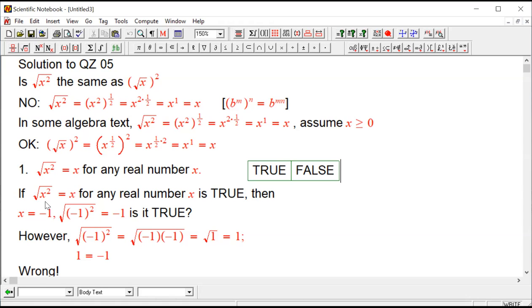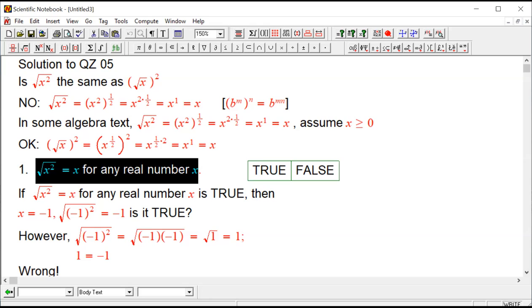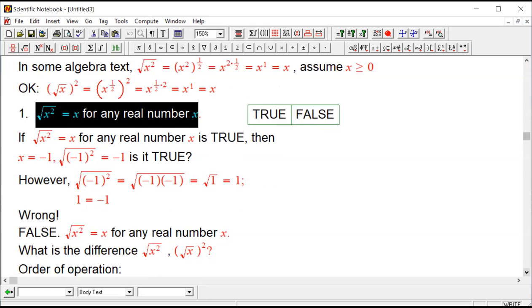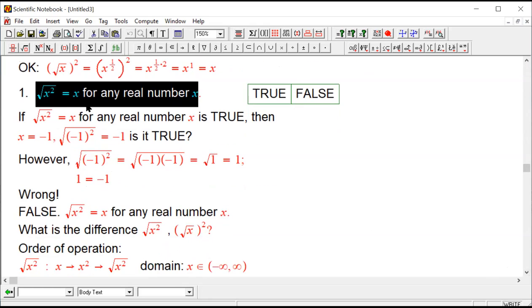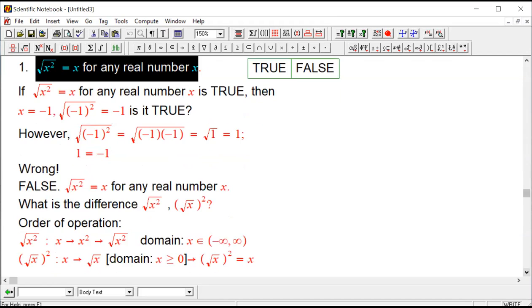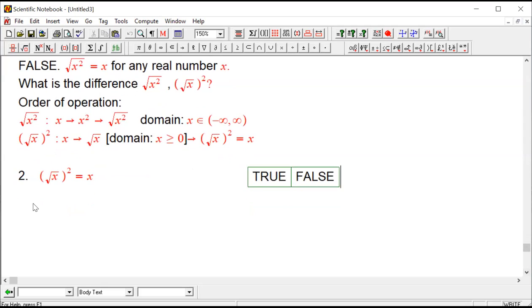Okay, so let me summarize. It is false under the circumstances. When is this statement true?